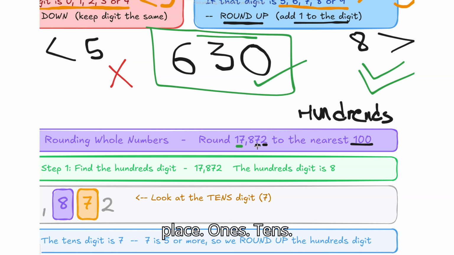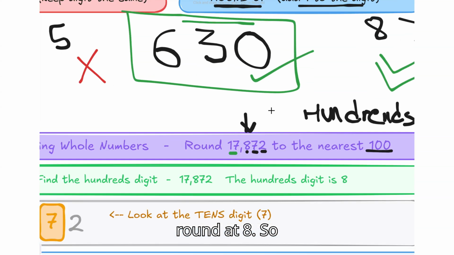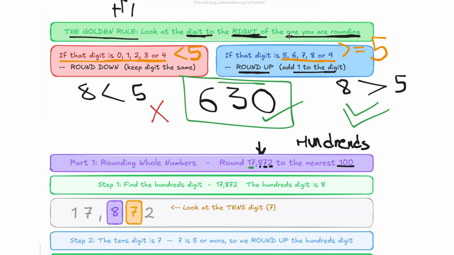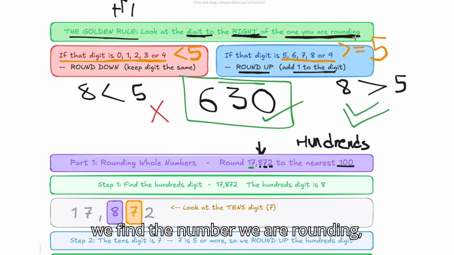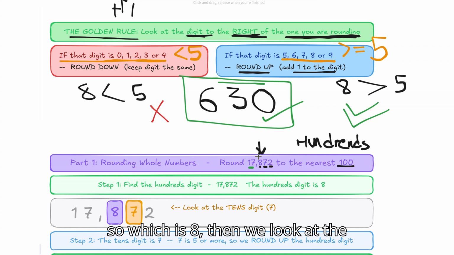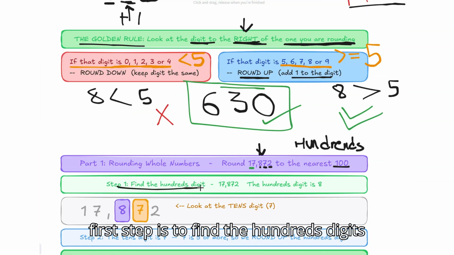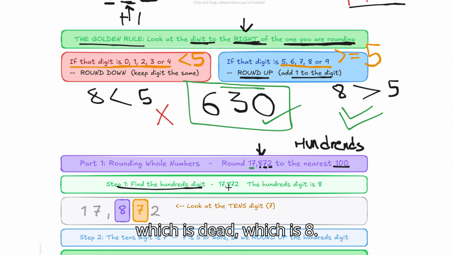Ones, tens, hundreds. So here we have to round the 8. As per the golden rule, first we find the number we are rounding, which is 8. Then we look at the number that's right of it.